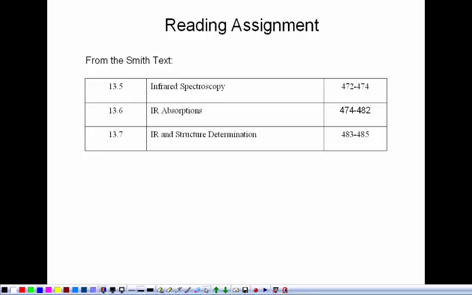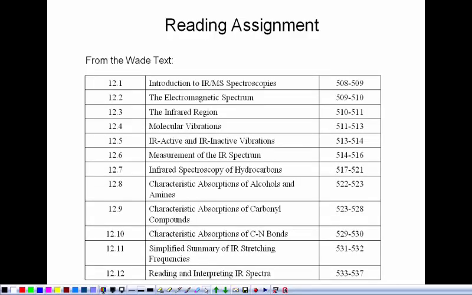There's one from the Smith text that we're using this year, and one from the Wade text from previous years, depending on what book you have. Infrared spectroscopy is in chapter 13 of the newer text, and chapter 12 of the older one. It looks like there's more reading, but there isn't, because it's the same stuff, only they broke it up a little more in depth.